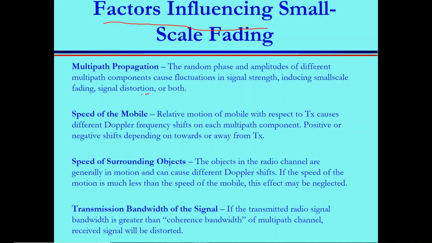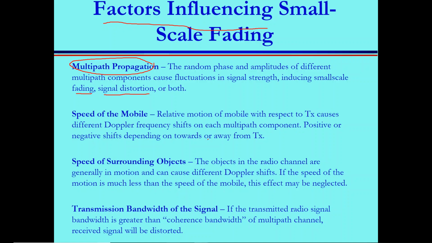This signal distortion is due to delay spread and Doppler spread, while fading is due to, as I just mentioned, multiple signals that you receive simultaneously at the same time. This is one factor that influences small-scale fading. The second factor is mobility, the speed of your mobile. Relative motion of the mobile with respect to the transmitter causes different Doppler frequency shifts on each multipath component, as we just explained in the previous slide with the curves.